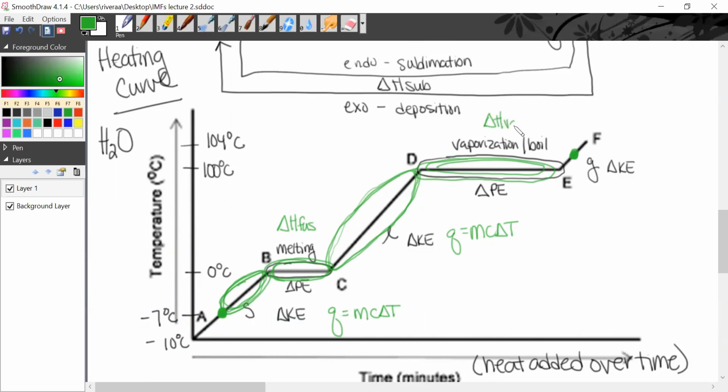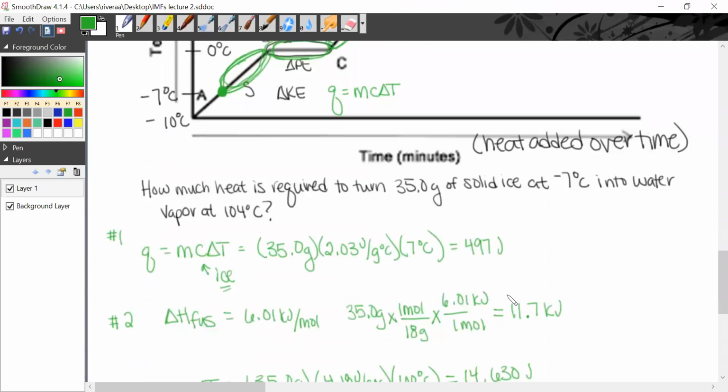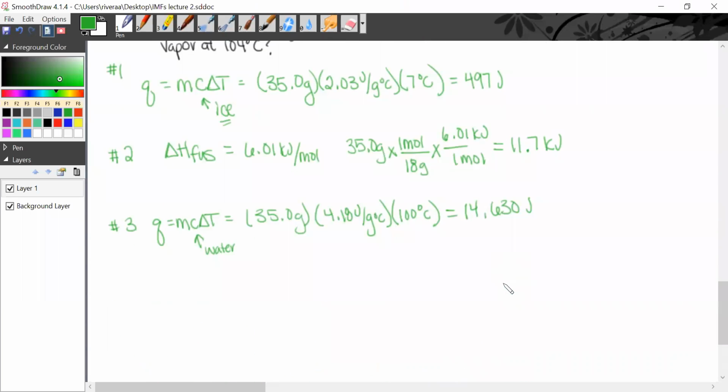It's being used to vaporize it. So here we're going to use delta H of vaporization, which again is just a standard value. We'll call this segment number 4. Our phase change. 40.67.